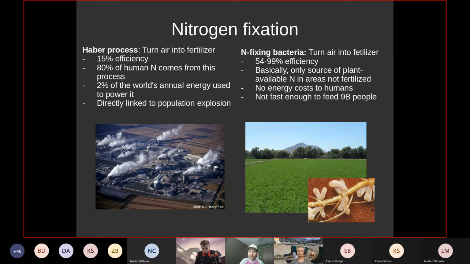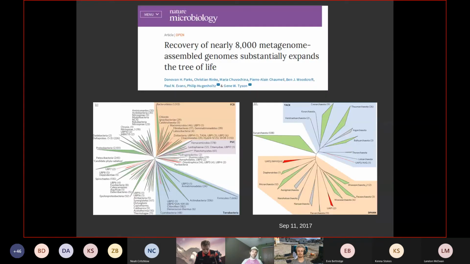All right, one last slide. This is just a few years ago. This is to demonstrate how little we still know about bacteria. We got recovery of nearly 8,000 metagenome assembled genomes, which substantially expands the tree of life.